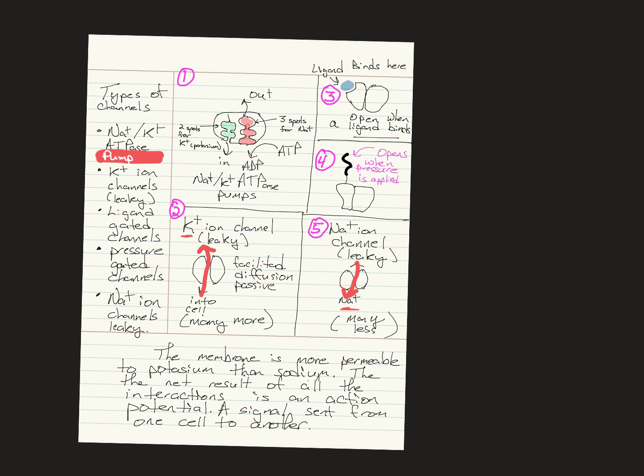Change the arrow directions. And then don't get rid of this where it says in, where it says into the cell. Get rid of that. What it should say is out of the cell.